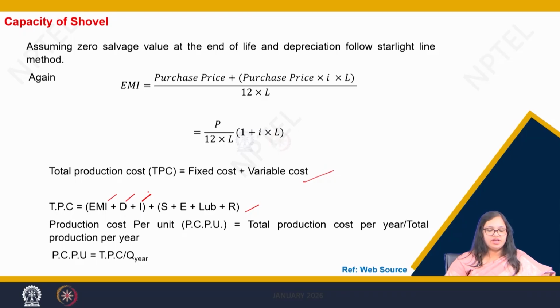When we talk about variable cost, we have the salary of the manpower, then the energy cost of the shovel, and then the cost for the lubrication of the shovel per month, and then a repair cost. So, these are the variable costs, which get added up and give us the total production cost.